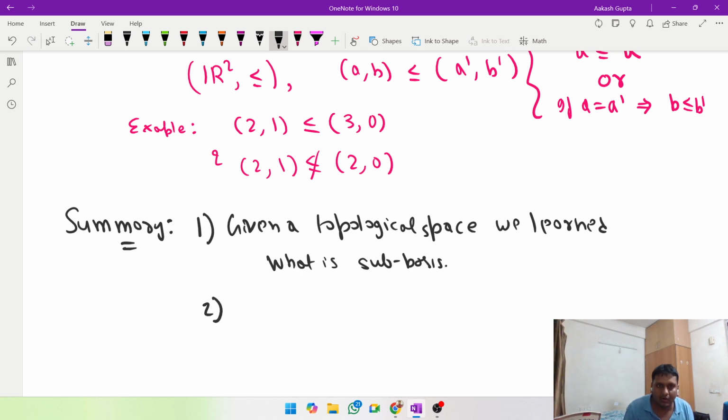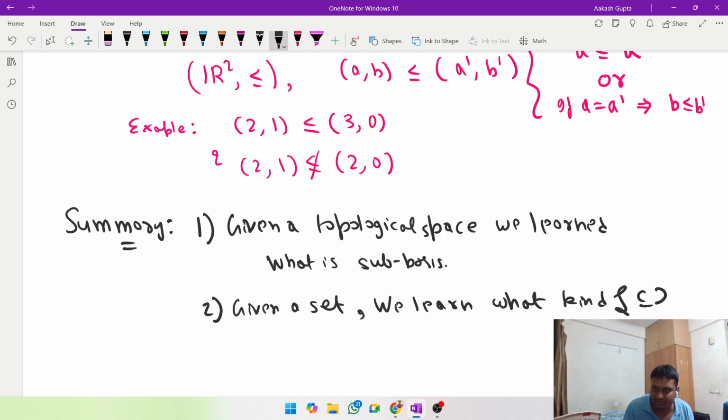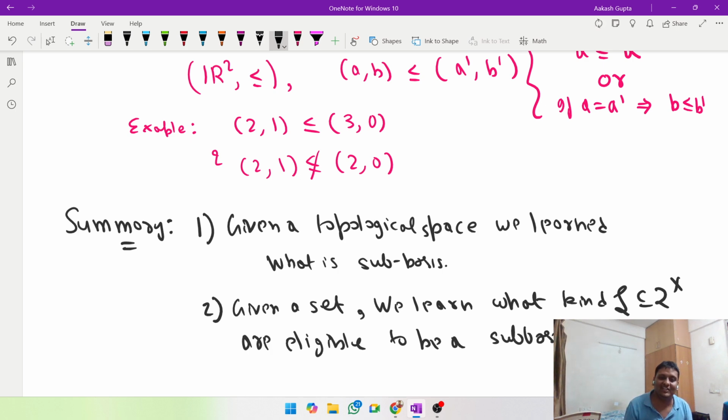Number two, given a set, we learned what kind of subsets of 2 to the power X are eligible to be a subbasis for some topology on X. So this is actually not the first one.